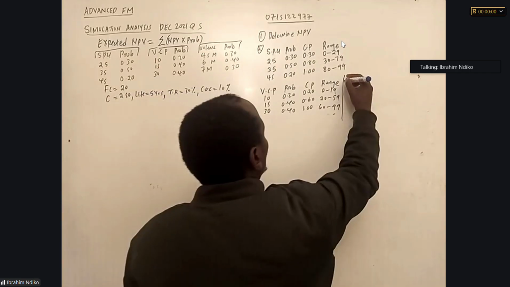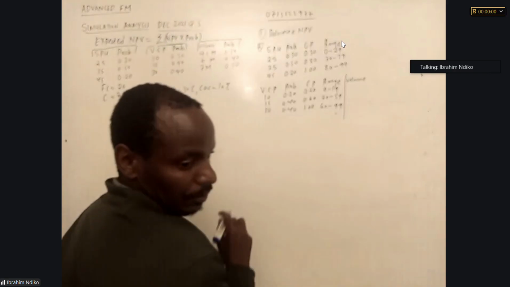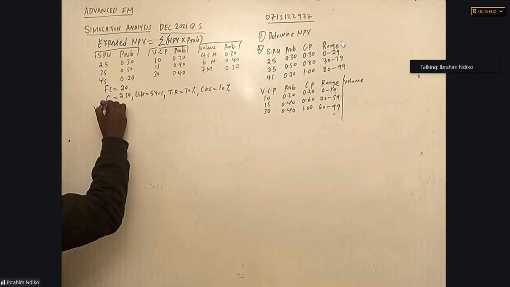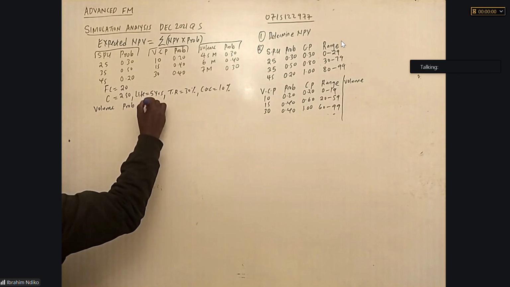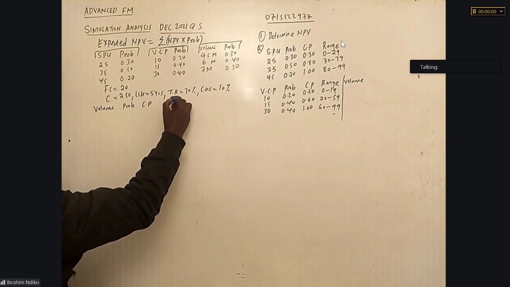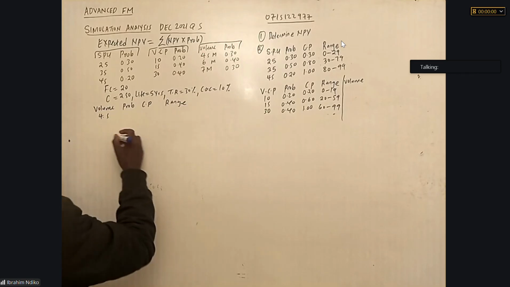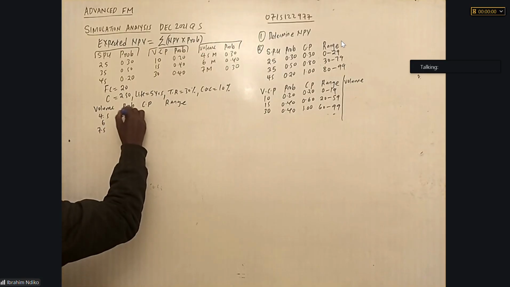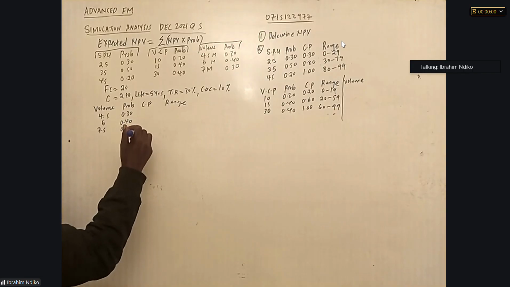Ni volume. Volume, probability, cumulative probability na range: 4.5, 6, 7.5; 0.30, 0.40, 0.30.